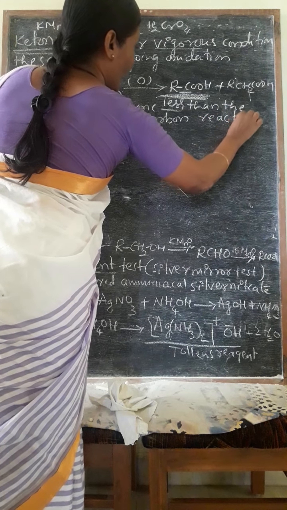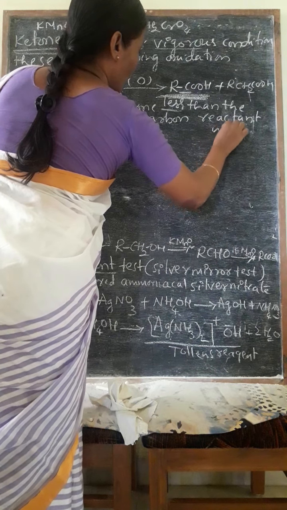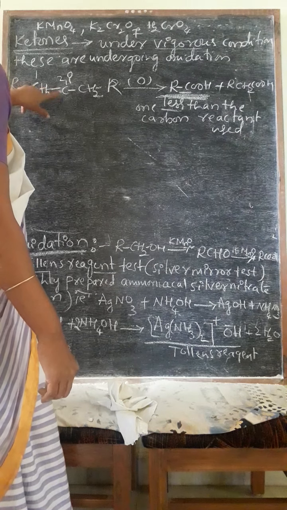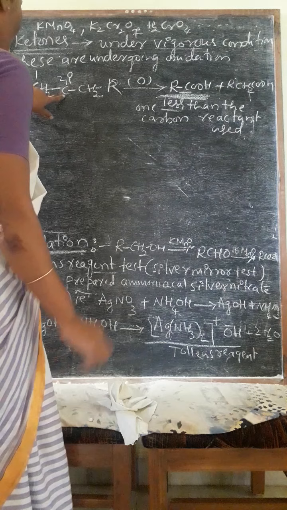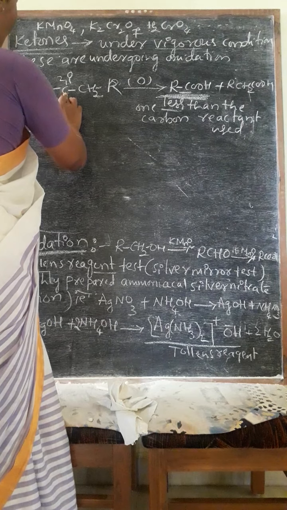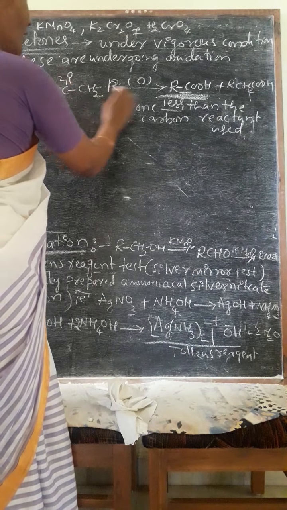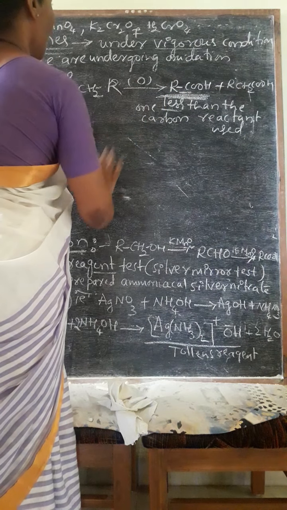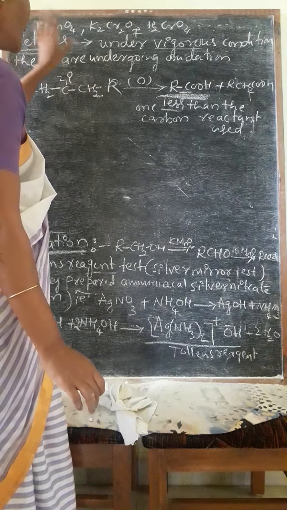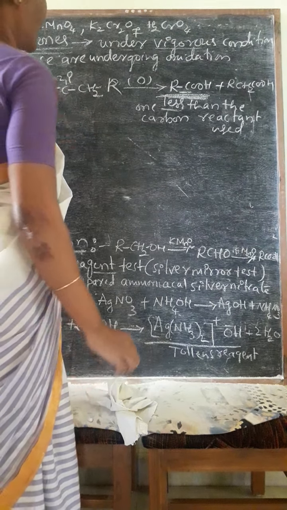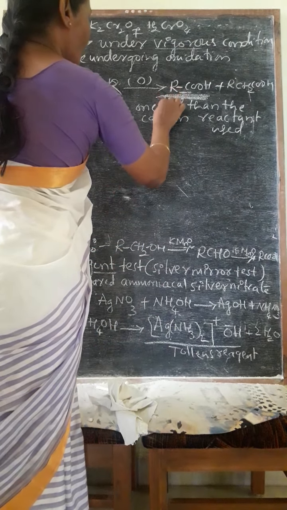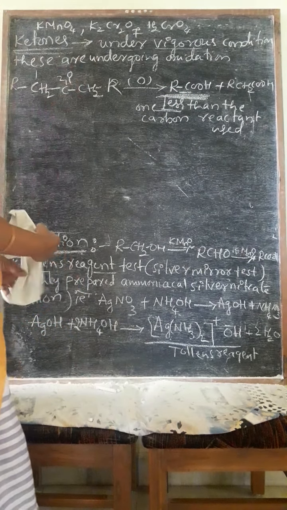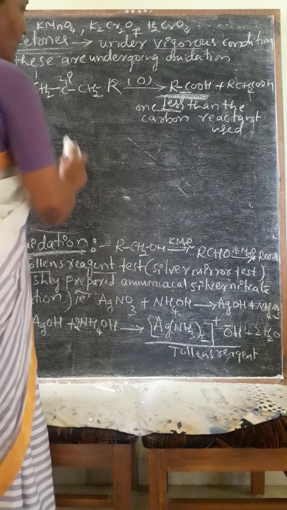If cleavage occurs between carbon 1 and 2, it is not forming RCH2COOH, it is simply forming RCOOH. Hence, always remember that when ketones undergo oxidation, the product formed has one carbon less than the reactant.